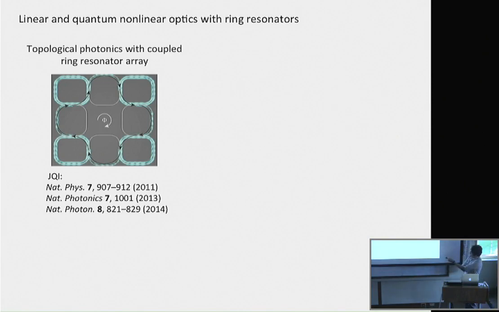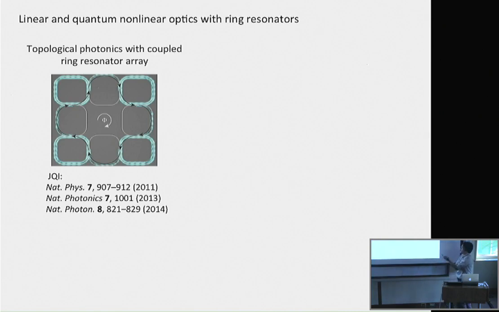One thing is you can put a bunch of ring resonators together and make a coupled ring resonator array. Because the way the photons hop between resonators depends on the circulation, you can engineer differential path lengths between photons that hop from this side to this side and this side to this side. As a result, you can introduce geometrical phases based on your design.